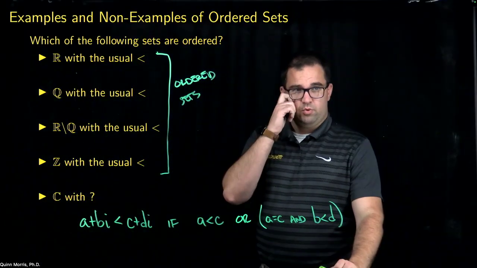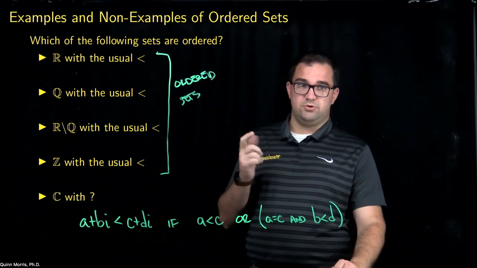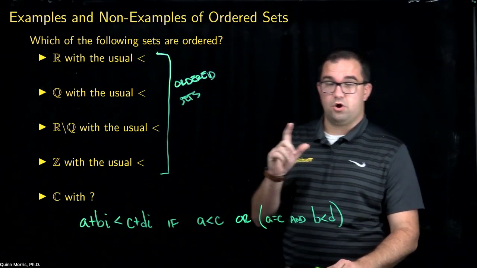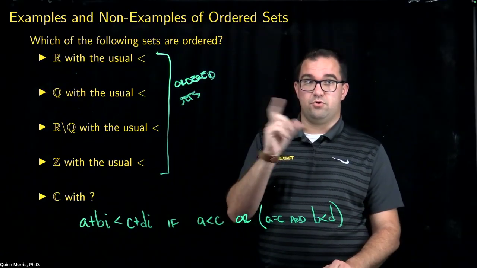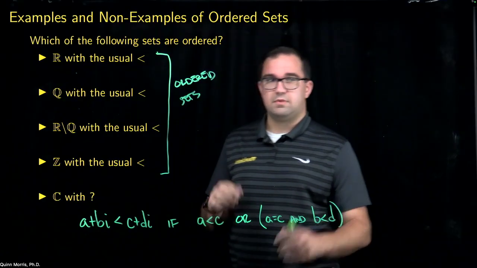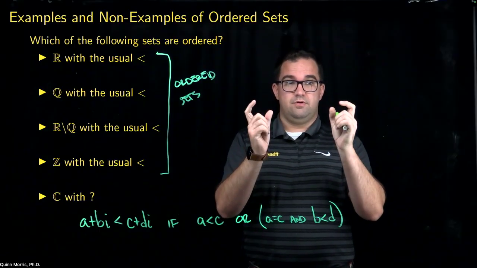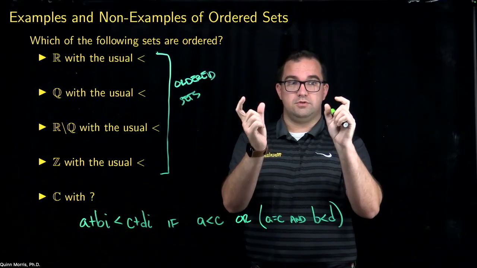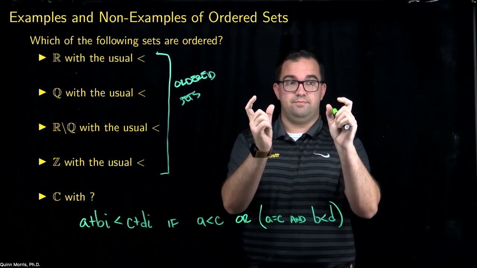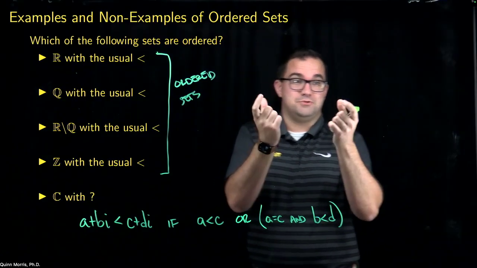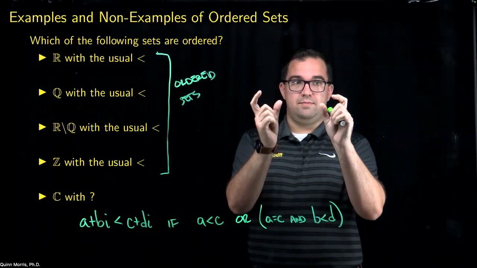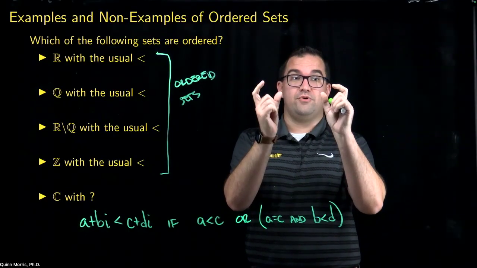Now, it takes a little work to prove these properties. So the first thing you want to do is show that for any two numbers, either one is less than the other or they're equal to each other. So take two complex numbers. Either one of the real parts is bigger than the other. And the real parts are just real numbers, right? So one of them is either greater than or equal to the other, or they're equal.